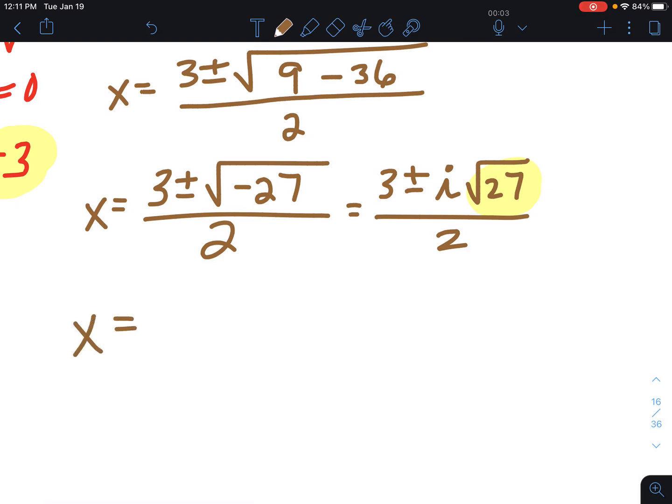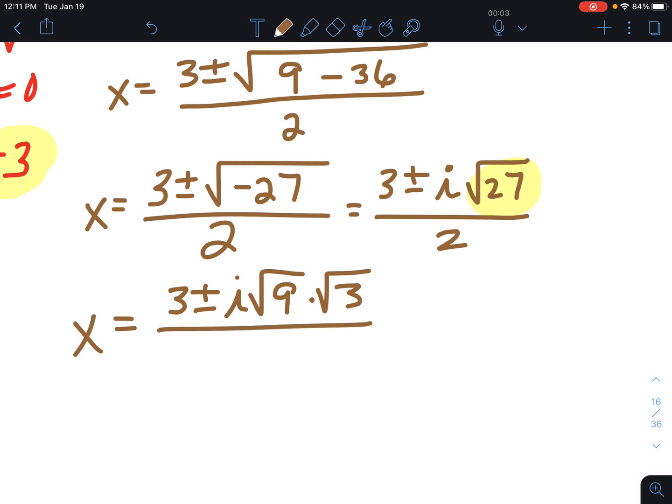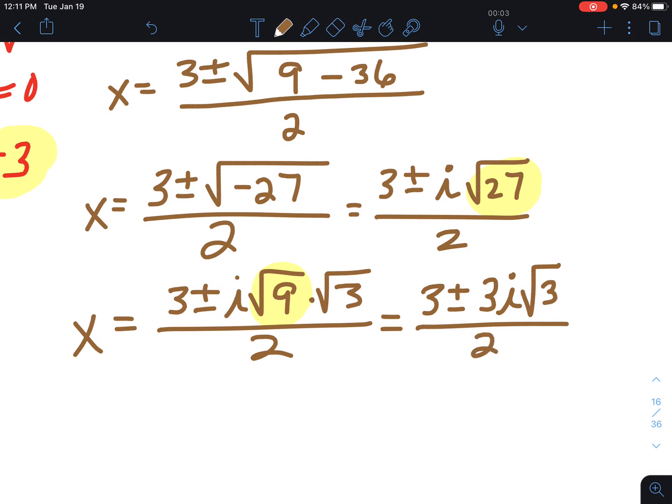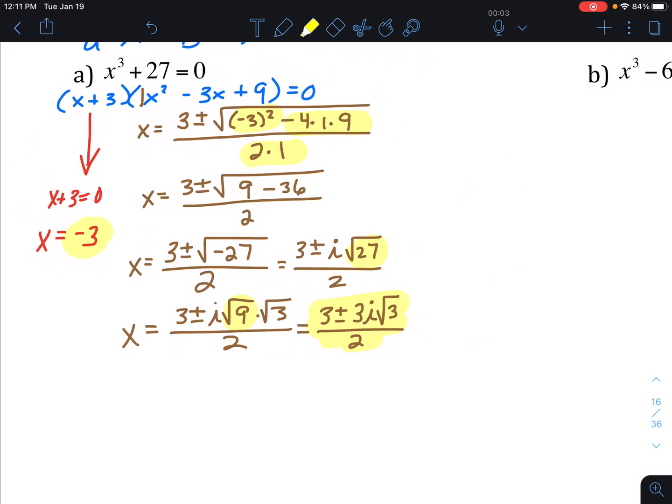That would be 9, such as square root of 9 times the square root of 3. And then you can square root this 9 to get 3. So if the square root of 9 is 3 and there's an i out there already, call it 3i. And then carry over the square root of 3 and the divided by 2. So there's your other 2 answers. You technically have 3 answers in this problem: negative 3 and the 2 that you get in the fraction.